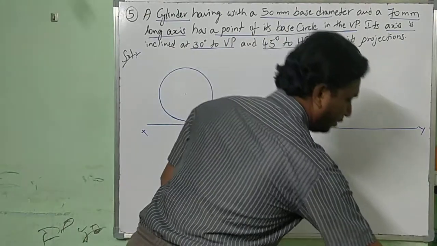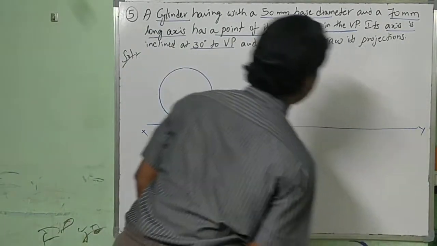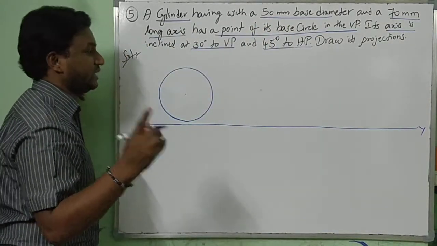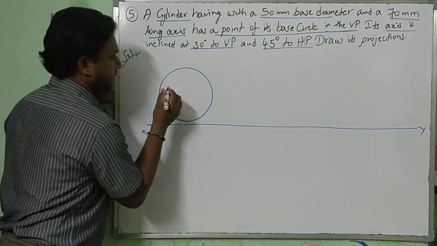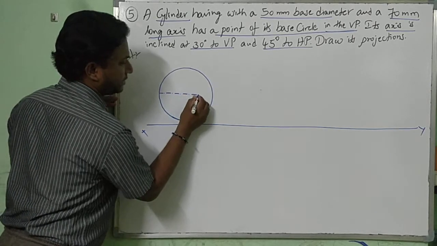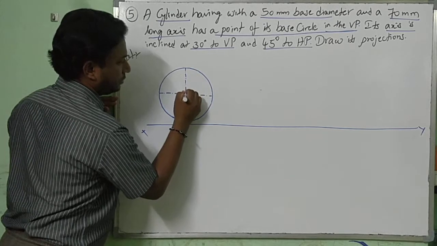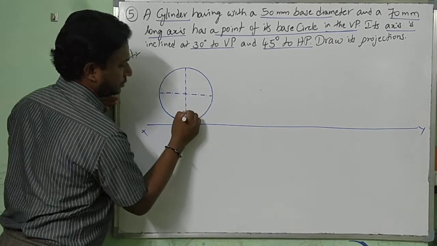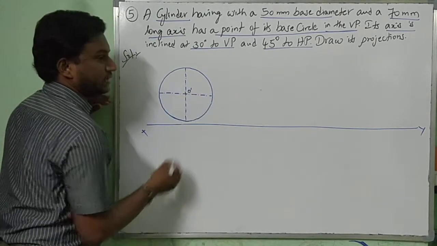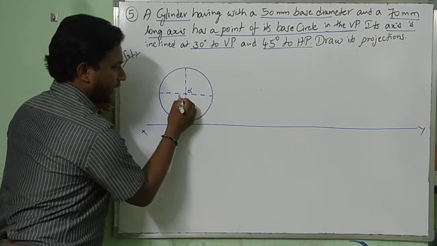Circle of what diameter? 50 mm diameter. When you draw the circle, you have to show its center first. The center has to be represented with axis lines like this. In the front view it is O dash, so I am writing O1, and in brackets O2.